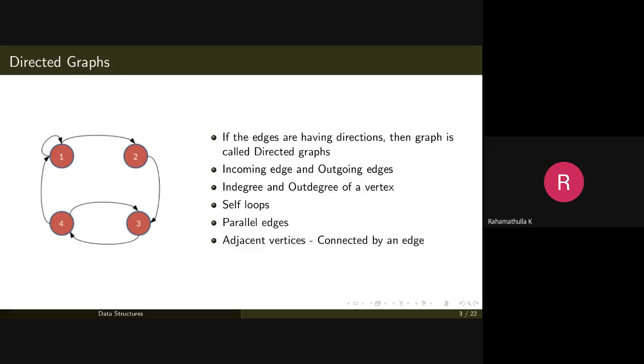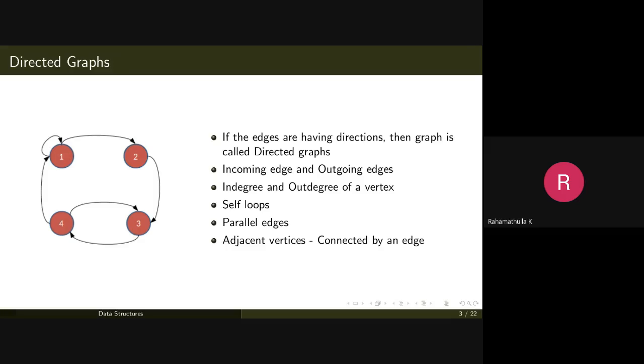Corresponding to a node, you can differentiate an edge as an incoming edge or an outgoing edge. For example, in this case, this edge is an outgoing edge for vertex 1 and an incoming edge for vertex 2. So correspondingly, we can have the in degree and out degree of a vertex.